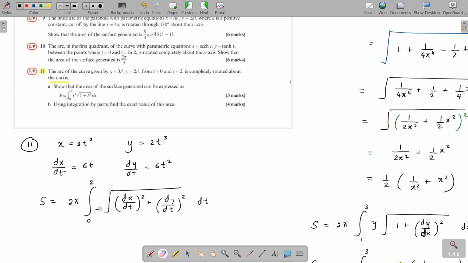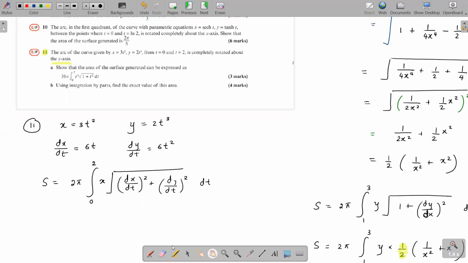This y should be x, since we are rotating about the y-axis. Okay, so let's get it done. 2 pi integral x times root of dx by dt, which is 6t, whole thing square, plus dy by dt, which is 6t square, whole thing square, with respect to t.